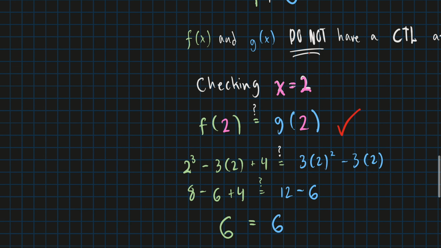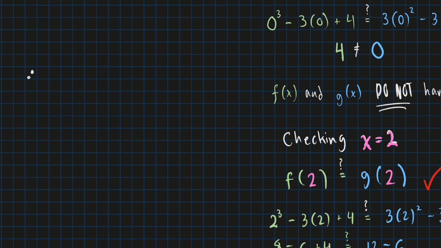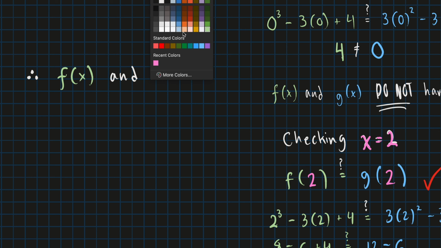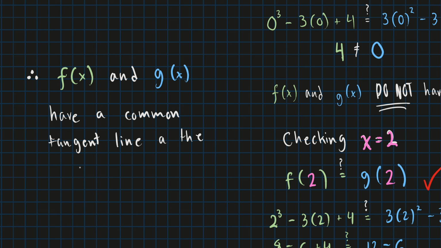So what's the conclusion of all this? So we can write our little therefore statement. Therefore, f of x and g of x have a common tangent line at the point.